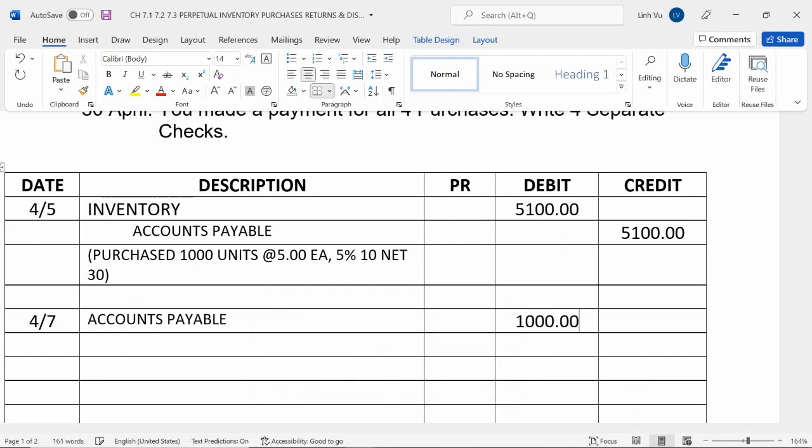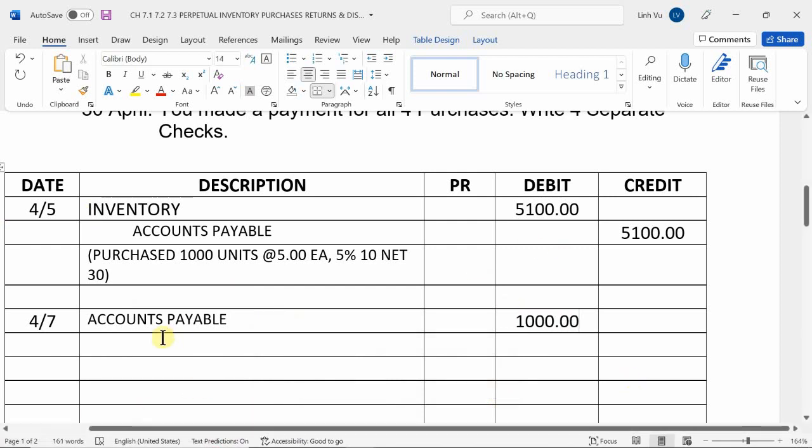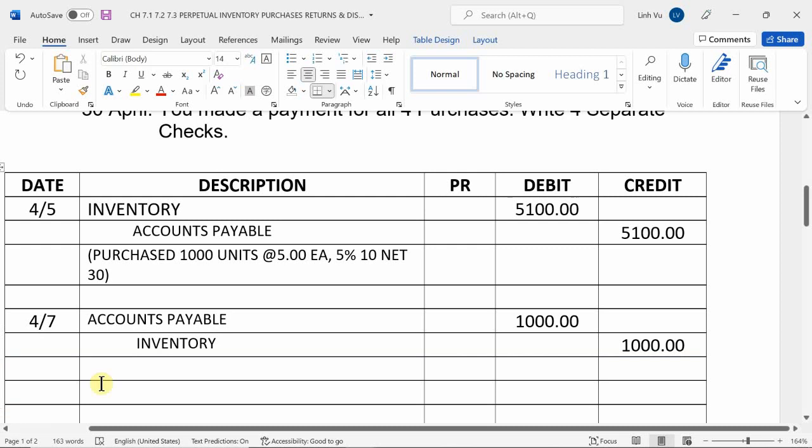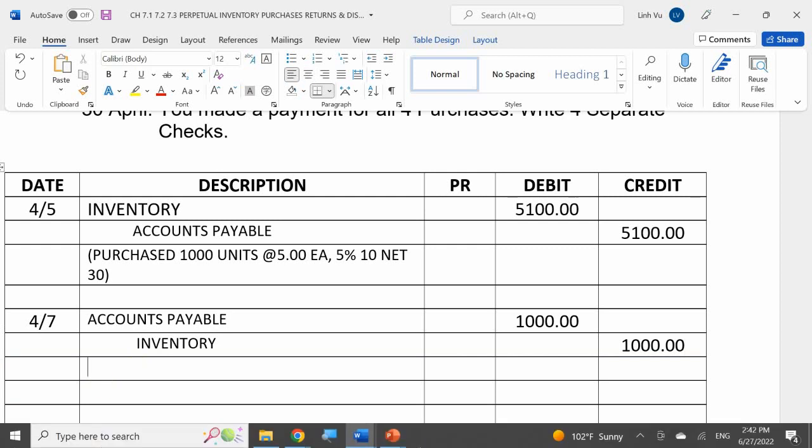And you credit inventory for the 1,000. And you make a note that you sent 200 back at $5 each. Good. Return 200 broken units at $5 each. Full refund.